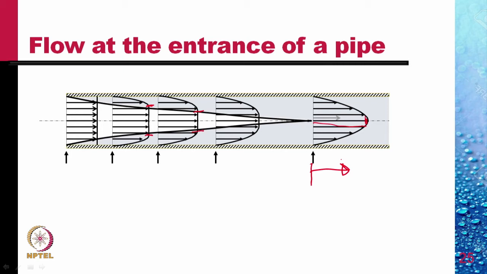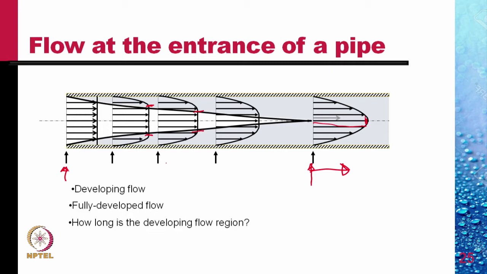It is between this and this that the velocity profile changes. We call this a developing length, an entrance length of the pipe, where the flow is developing. Developing flow, and then fully developed flow after the velocity profile has once become parabolic.